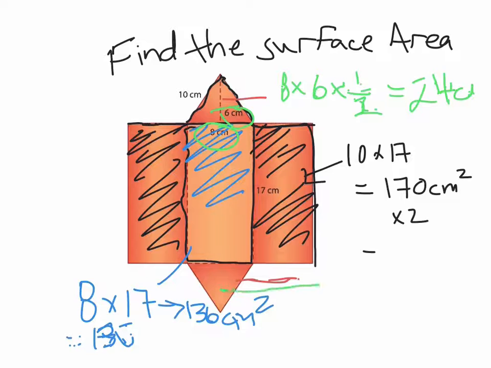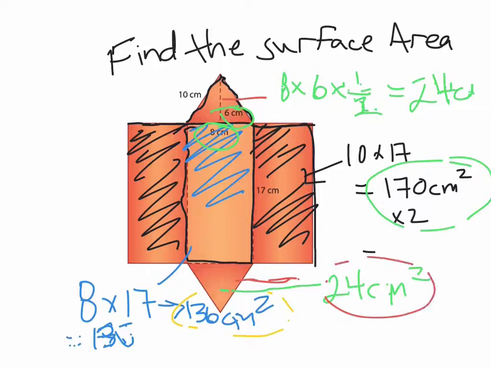That means that this is also 24 centimeters squared. So now I've got to take 136 for the bottom amount, and the two 24s, and add them all together to find the overall surface area of the entire shape.